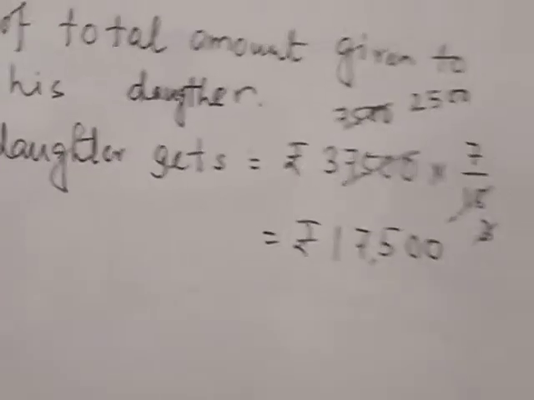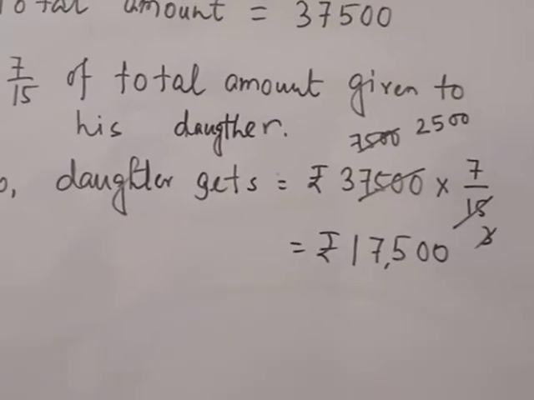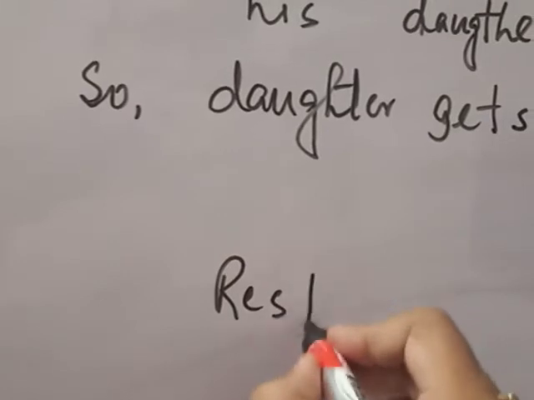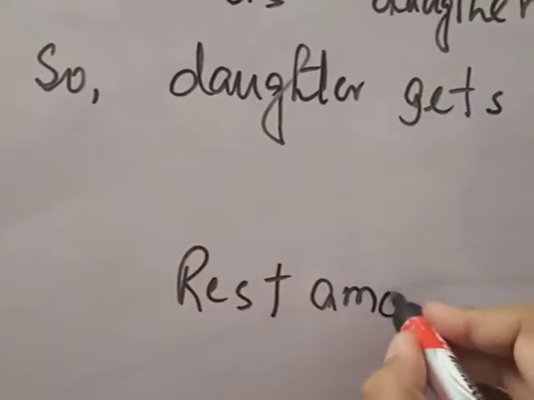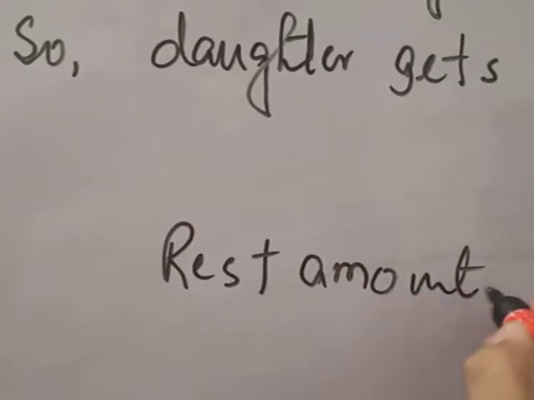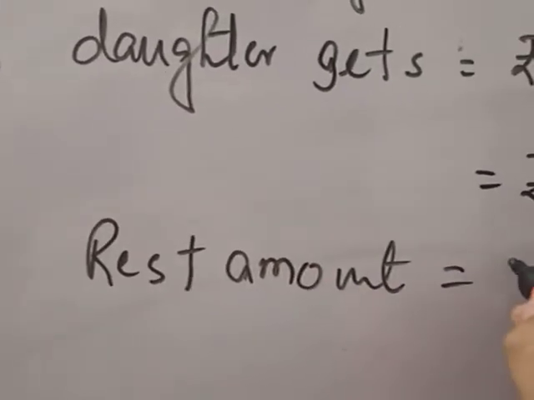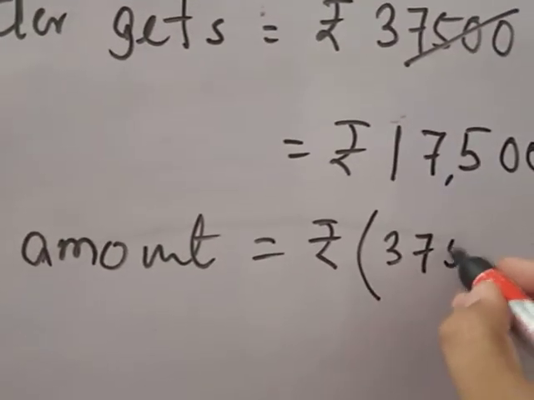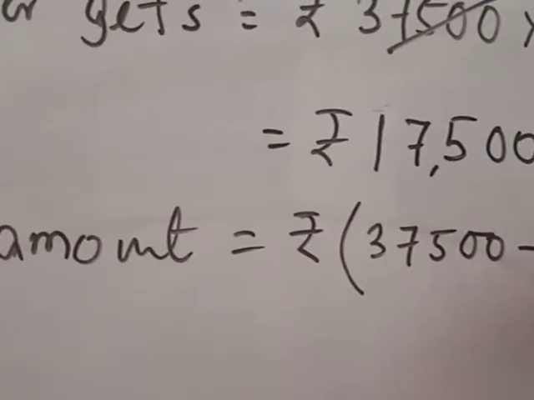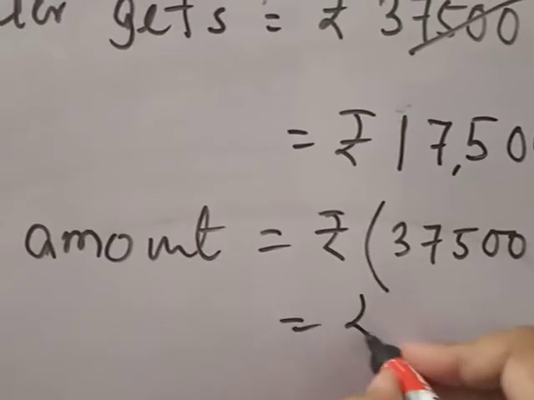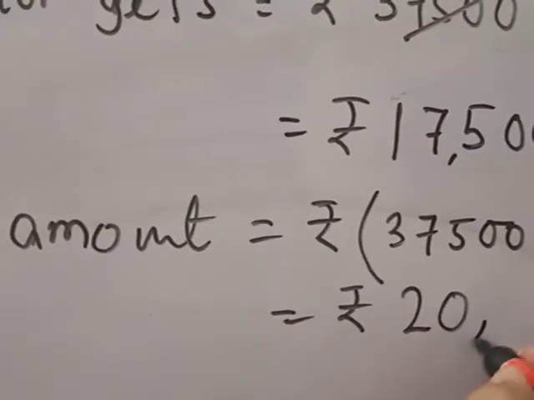So the daughter gets 17500. The rest of the amount is given to the son. So the rest amount is rupees 37500 minus 17500, so rupees 20,000.